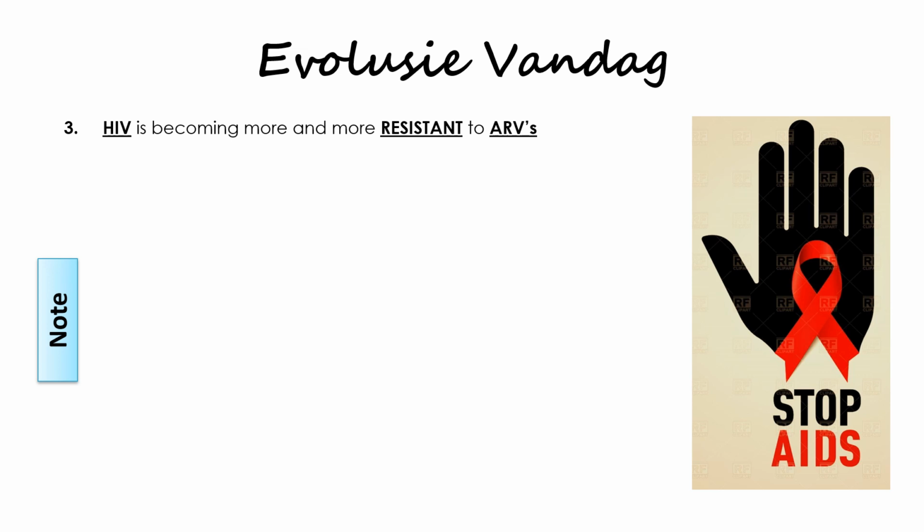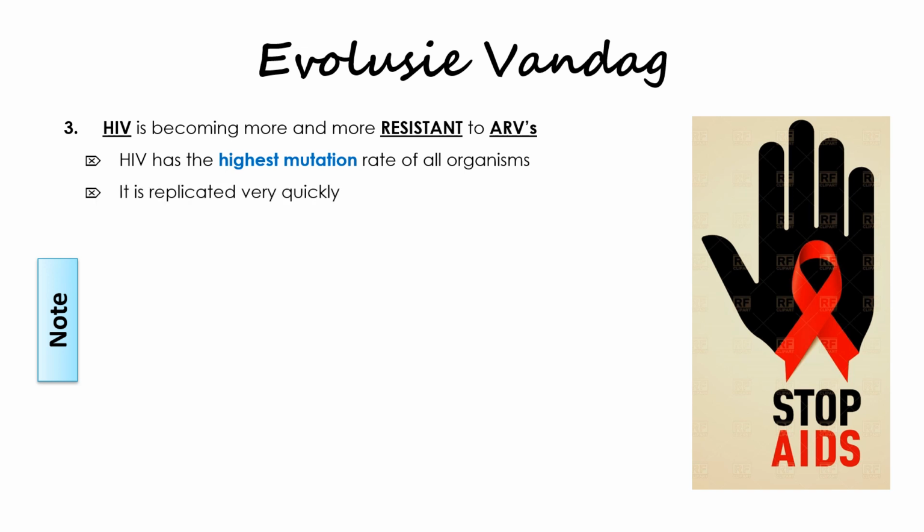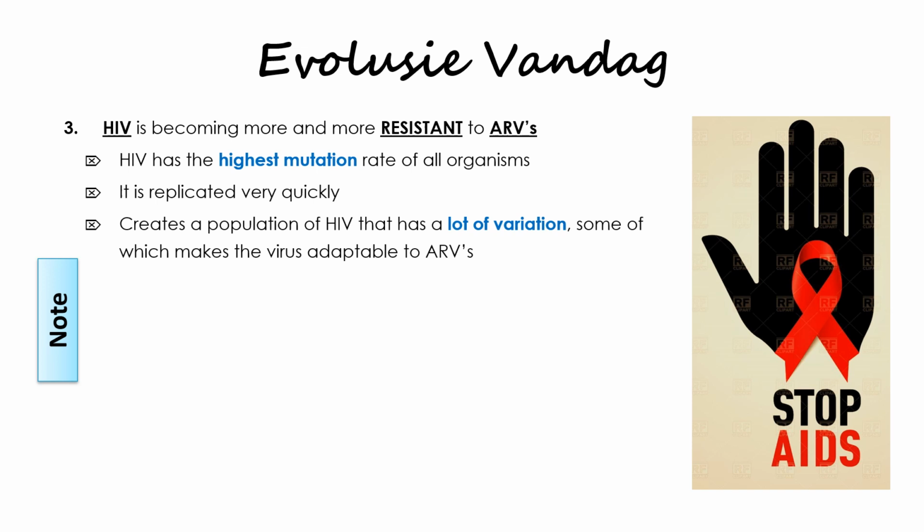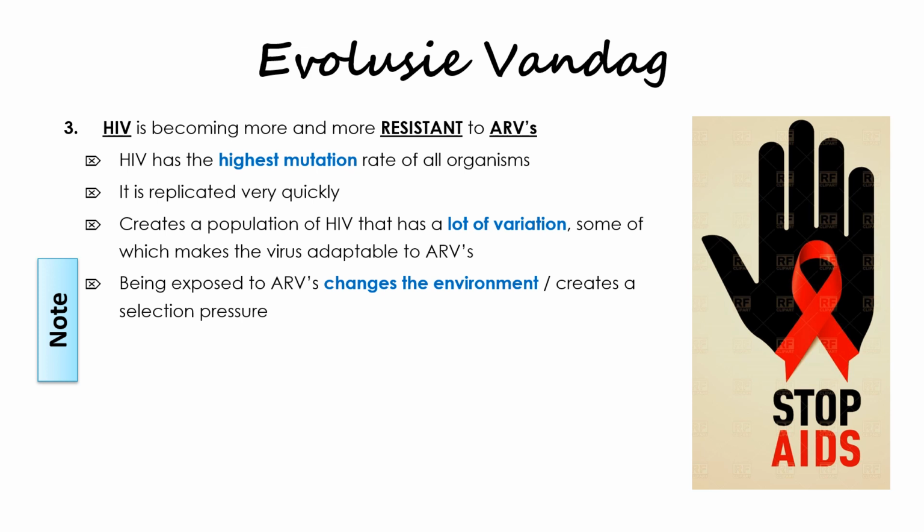Okay, girls, and then the last one is HIV that can become resistant to ARVs. Ja, so weer eens, binne die bevolking van HIV-virusse is daar variasie. Sommige is weerstandig, sommige is nie weerstandig nie.